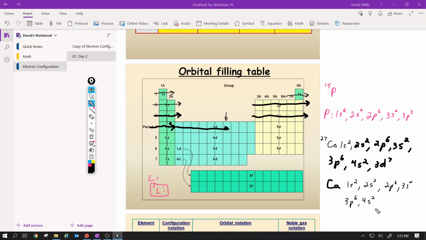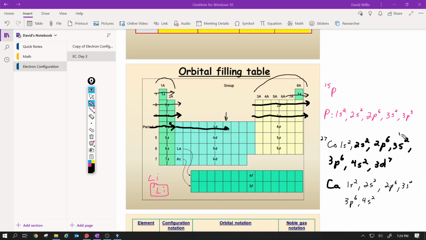All right, and Hannah has asked, so does that mean that the 3D just doesn't fill up? That's right. So the third shell is not completely full. But your third valence shell is. The valence shell is only made up of your s and your p orbitals.